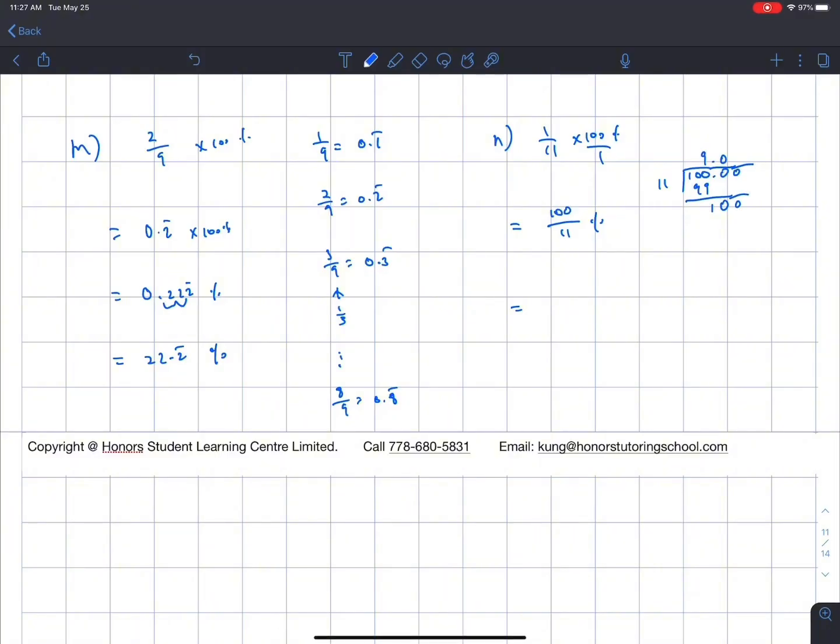And now 11 goes into 100 how many times? It's going to be 9. 99. We subtract, add an extra 0, move it down. And of course, 11 goes into 10 0 times. Add an extra 0, move it down, and then we get 9 again. So the 9 is repeated. So this is just 9.09 repeating percent.